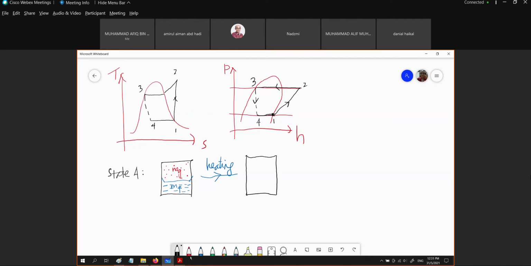Guys? Can anyone explain what actually happened when I have state 4 and I heat it up? What happened? Hello guys?